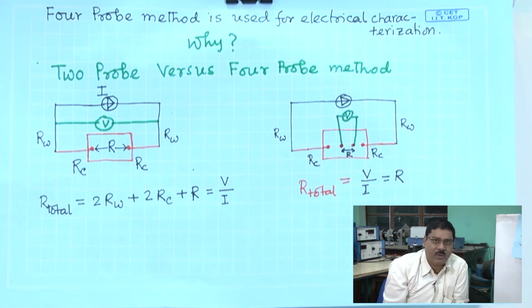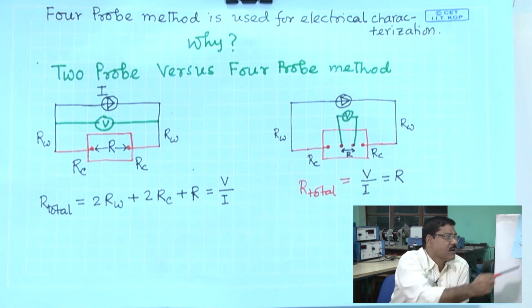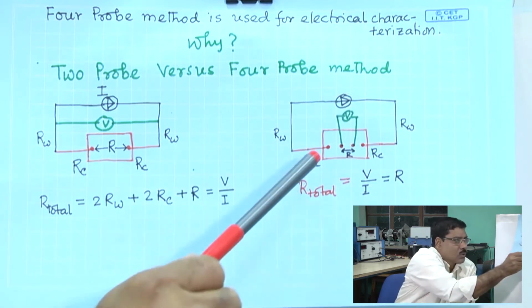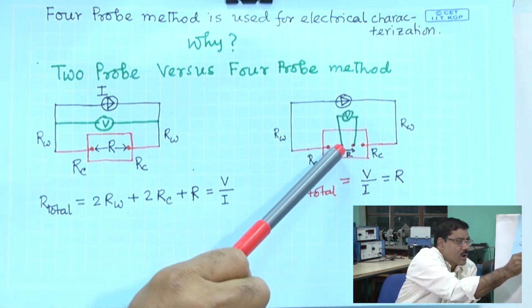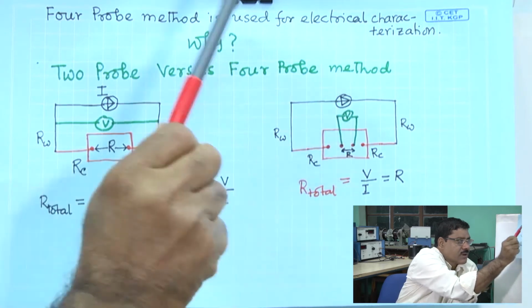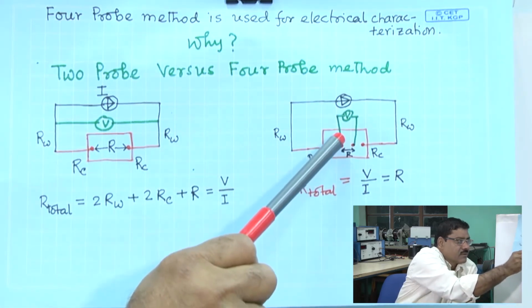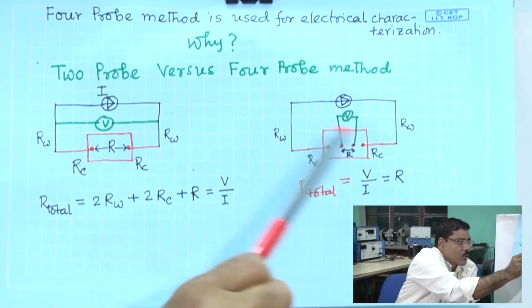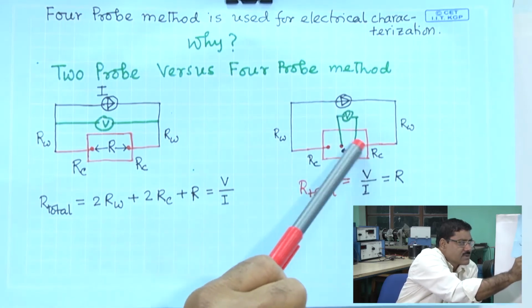no current passes through the voltmeter, it has very high resistance. So, when it comes here, no current will pass through the voltmeter. So, whole current will pass through this sample.